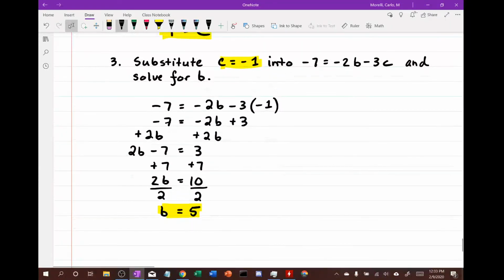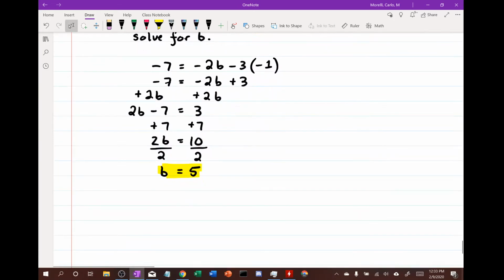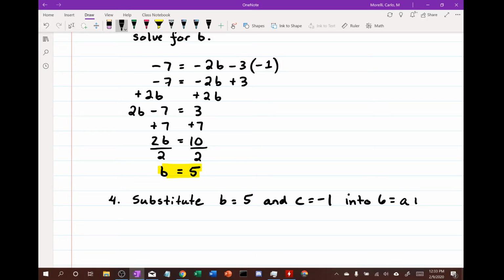Okay, this is step 4. Substitute b equals 5 and c equals -1 into 6 equals a plus b plus c and solve for a.